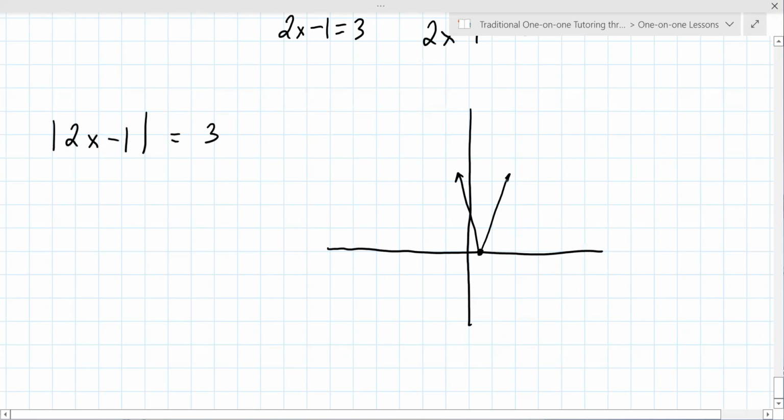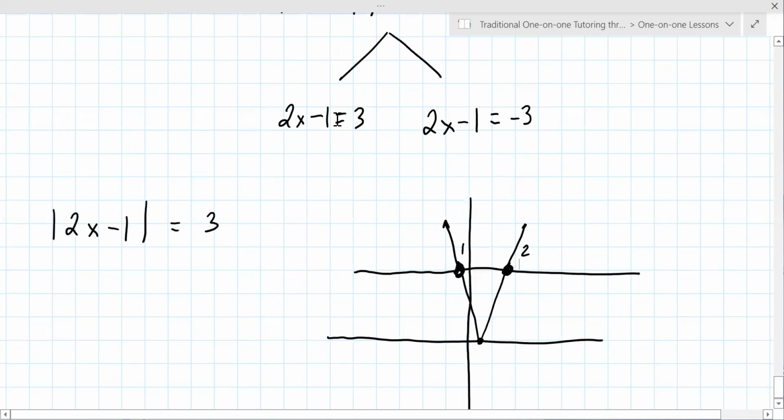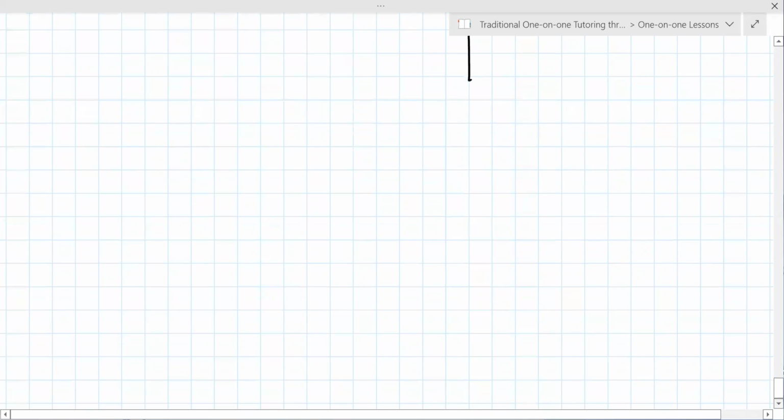Actually, let me draw a little further here. And here's the line y equals 3. How many times does it hit the line? 2 times. And that is why there are two equations, because there are two solutions. Okay. Now let's do the next possibility.